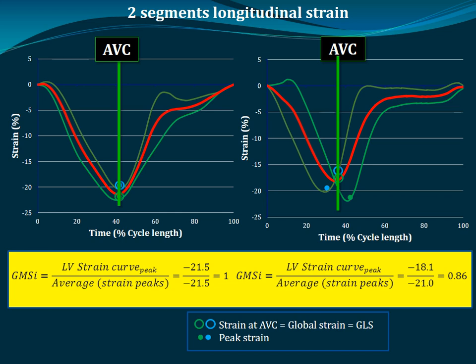If they coincide, you will get 1 as the fraction of the average strain versus the average of peaks. If you have peaks that happen before end systole and after end systole, you can get an average graph that is lower than the average of the peaks.